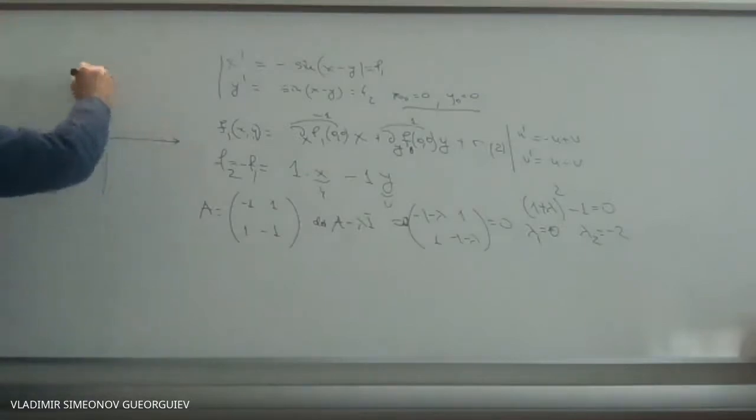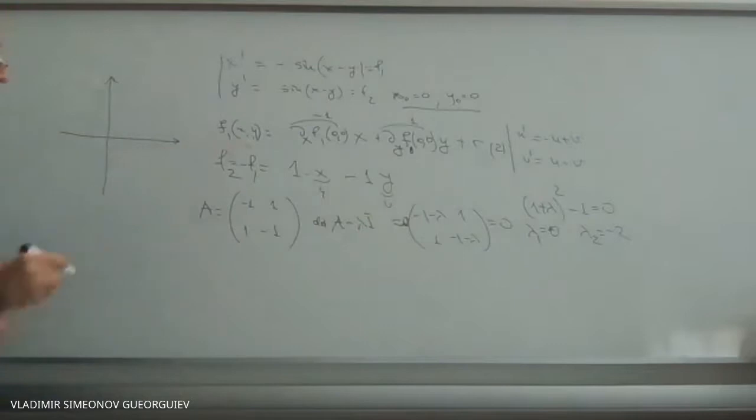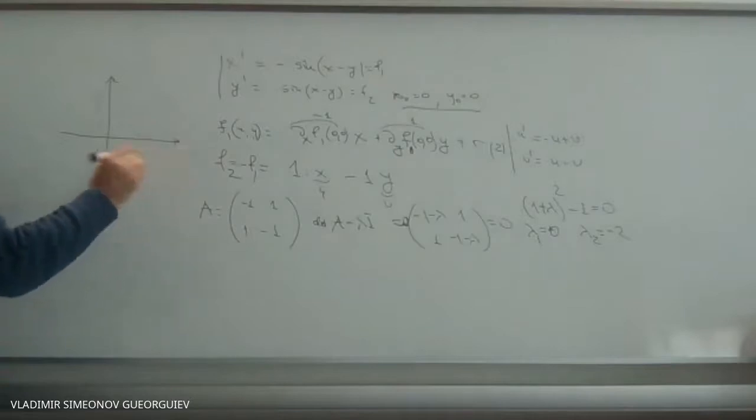For example, this system, we can say u prime equal, first eigenvalue is 0, v prime equal minus 2v.